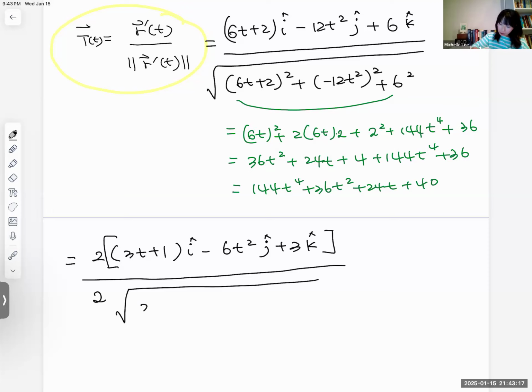So that will be 36t to the fourth power, and 4 out, so 9t squared, plus 6t, 4 out is 10.